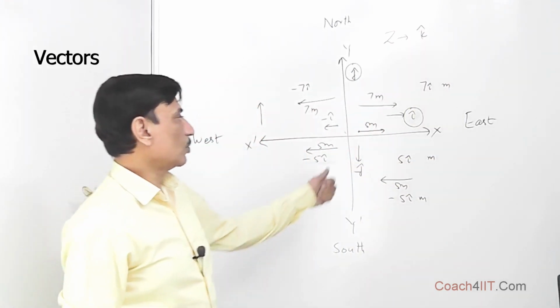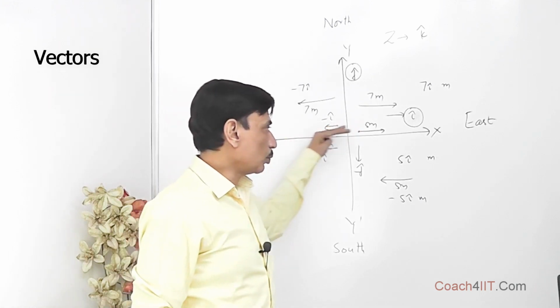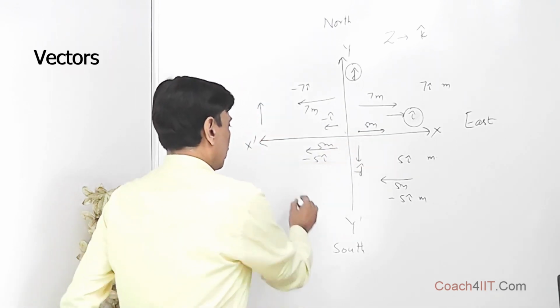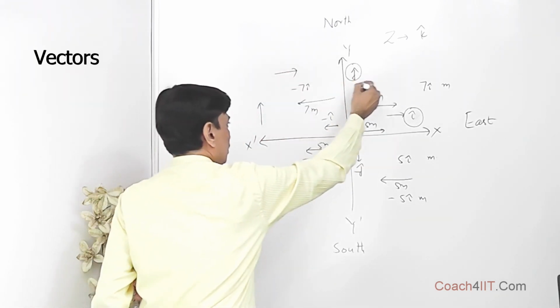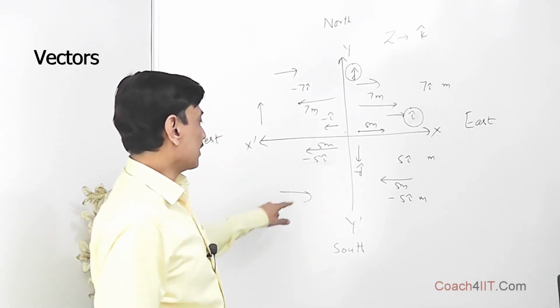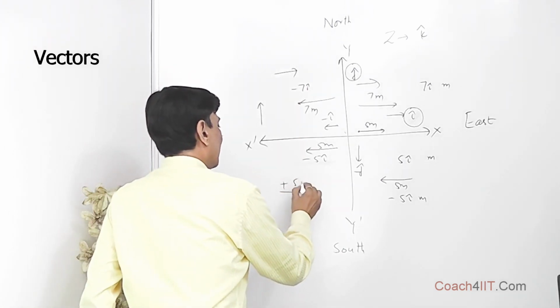If the person has gone towards east 5 meter, whether in this quadrant or any other quadrant, we'll say his displacement is plus 5 i cap.